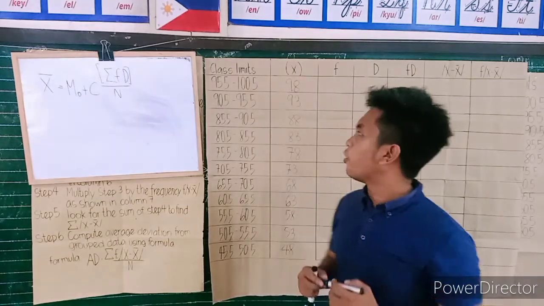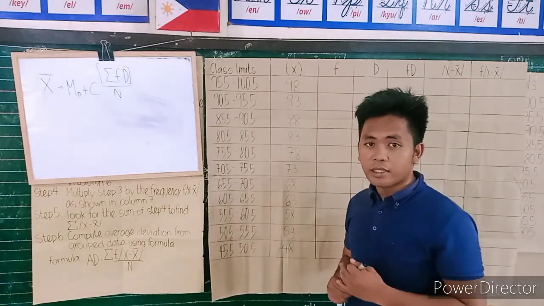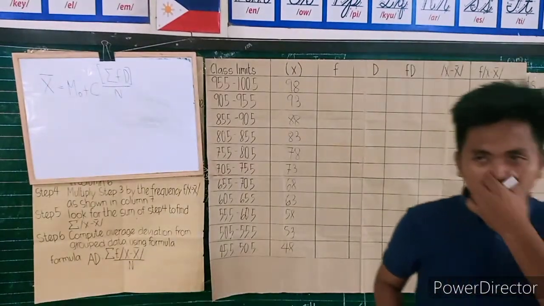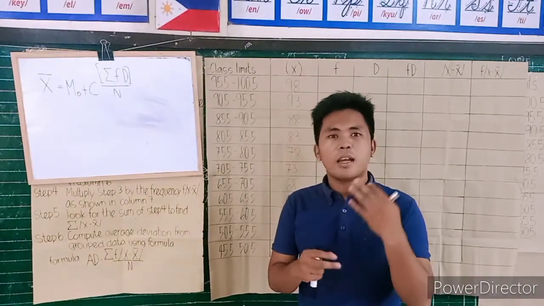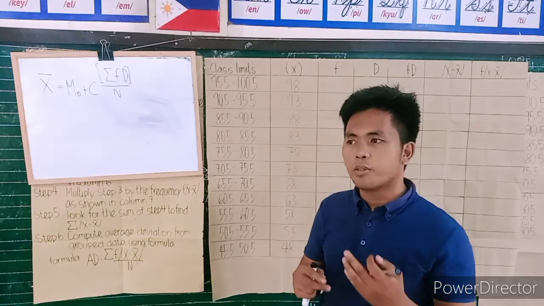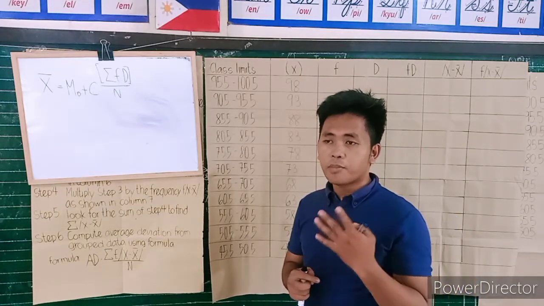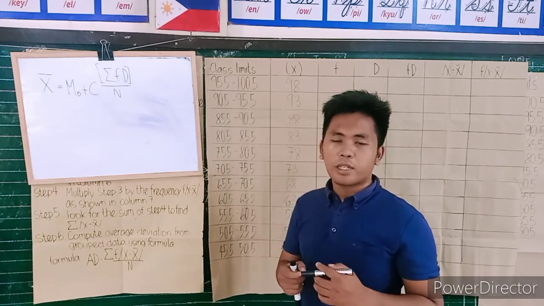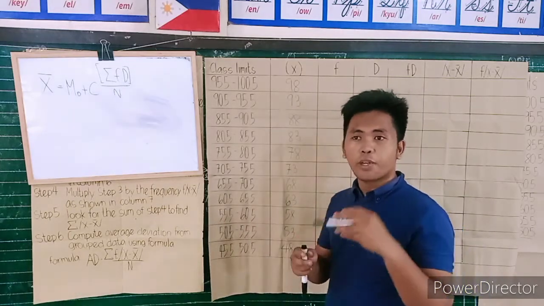For example, 3 students got 98, so that is the frequency. It is how many times students got that score in the test or the assessment.